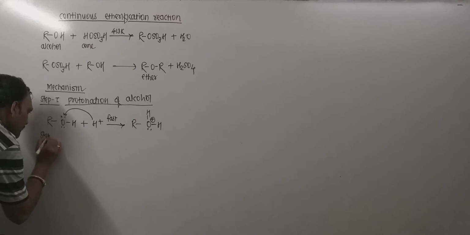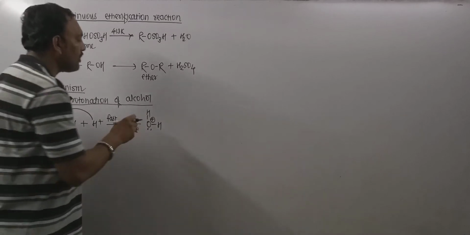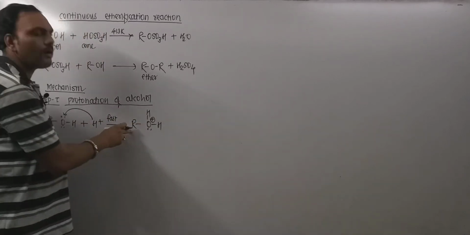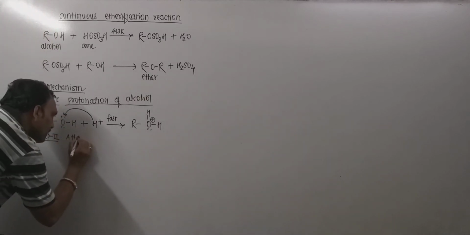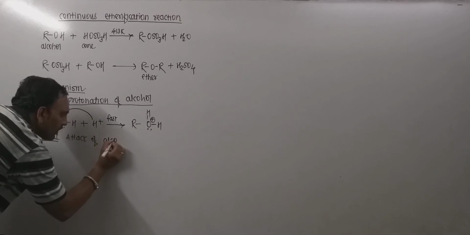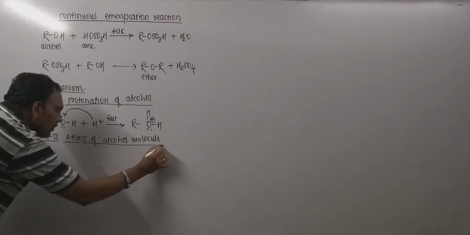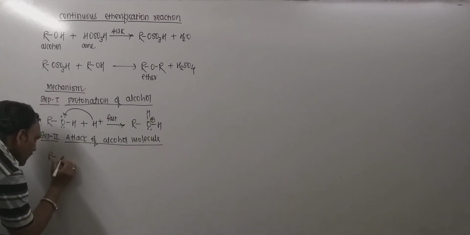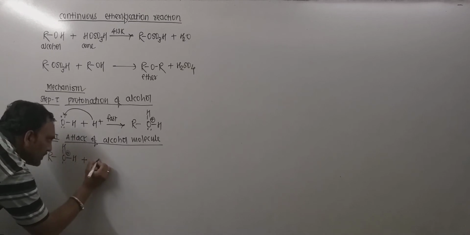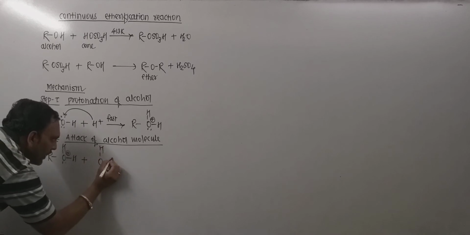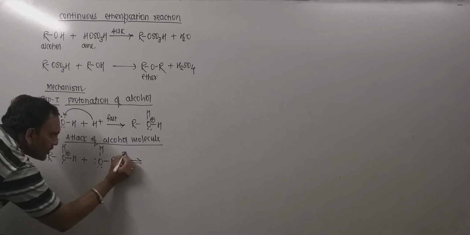In step number 2, another alcohol molecule attacks the electron deficient carbon of the protonated alcohol, and remember this is an SN2 step. The protonated alcohol obtained in the first step is readily attacked by another mole of alcohol, and this step is the slower one.